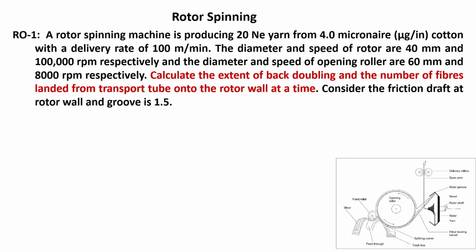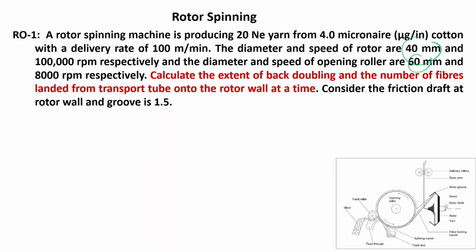The diameter and speed of the rotor are 40 millimeter and 1 lakh RPM, and the diameter and speed of the opening roller are 60 millimeter and 8000 RPM.